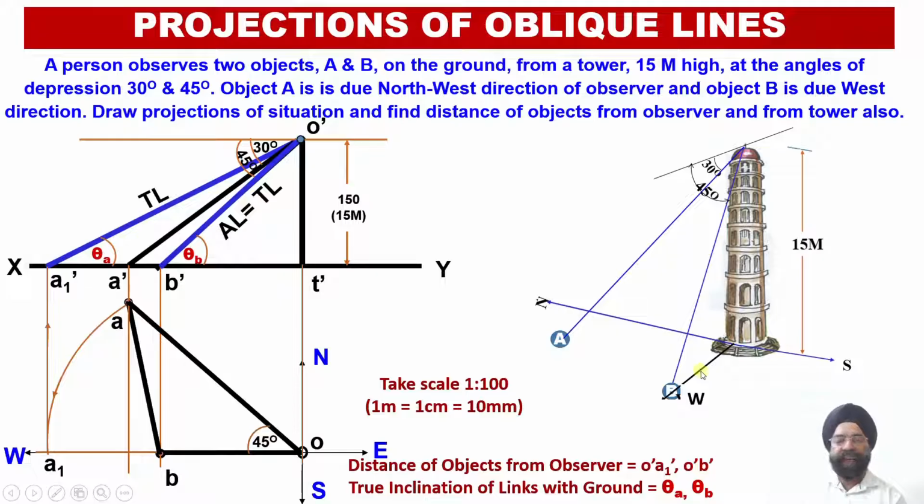So this way we have been able to convert this real life situation into the orthographic projections of the oblique line, and then we have used the fundamentals of the rotation of line method to evaluate the true length of these rays of sight or the strings which join the observer with the two objects being viewed from the top of the tower.